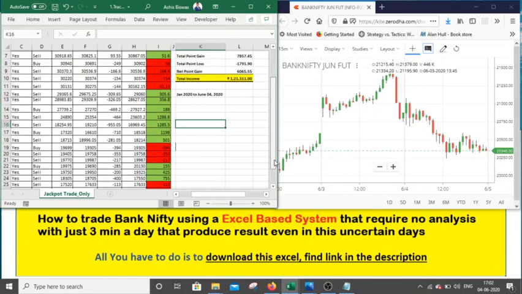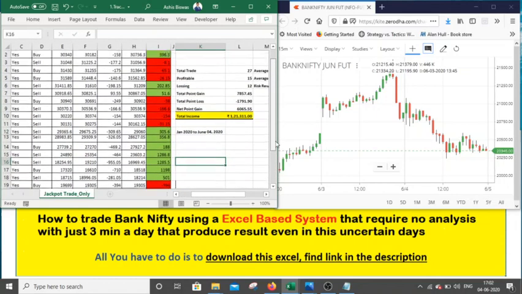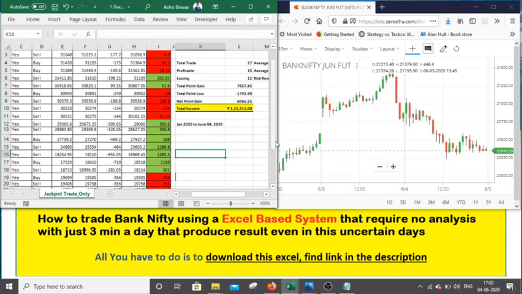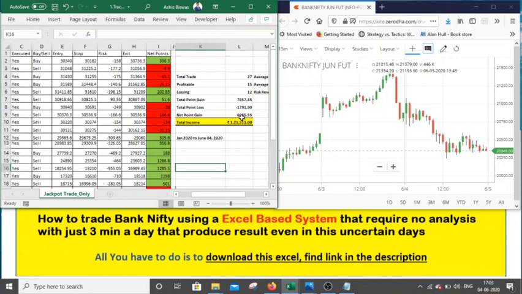The good point is that anyone can do it without having any knowledge of trading, and you just need to spend a couple of minutes to enter the data. Till date we have earned 6065.55 points. That is a total gain of 1,21,311.